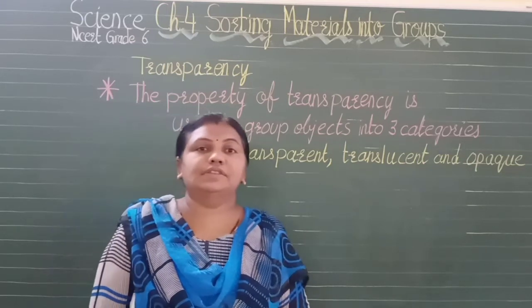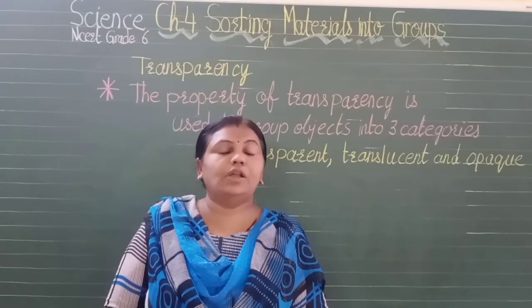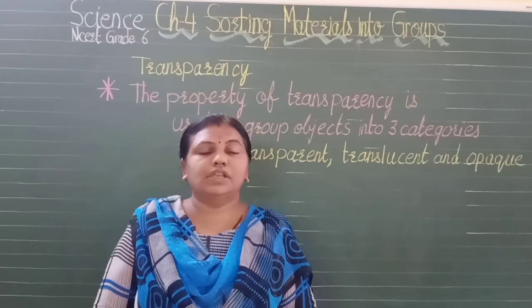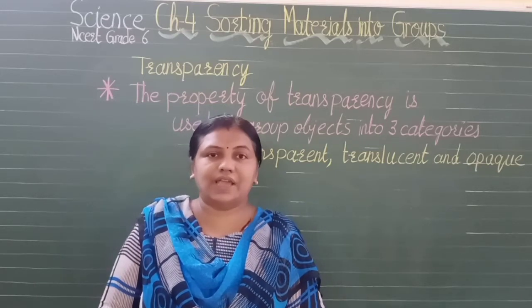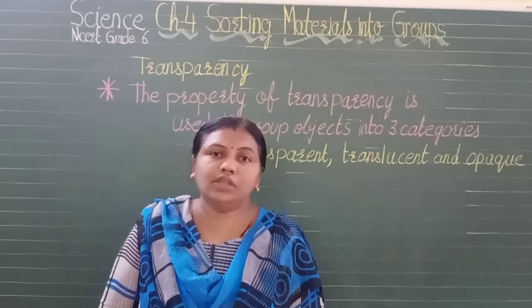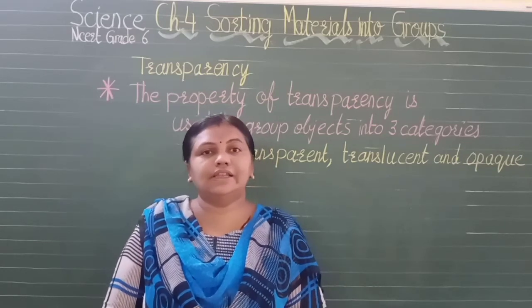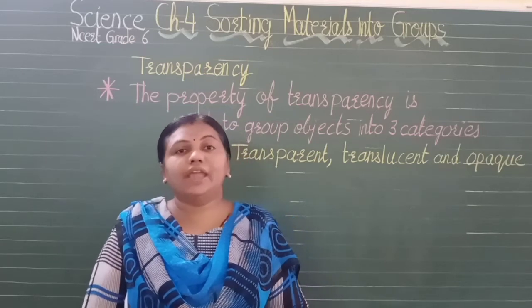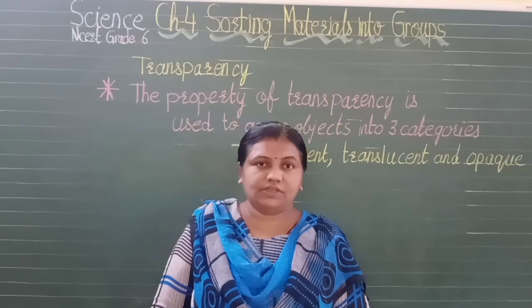You might have visited a grocer's shop. They place all the things mostly in glass jars or plastic jars. Why? So that the customers who visit can easily see the things and get an idea of what can be purchased.